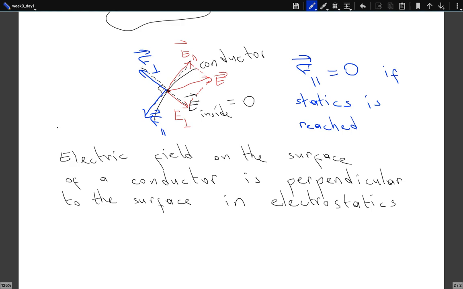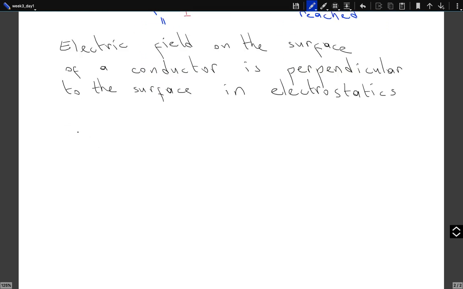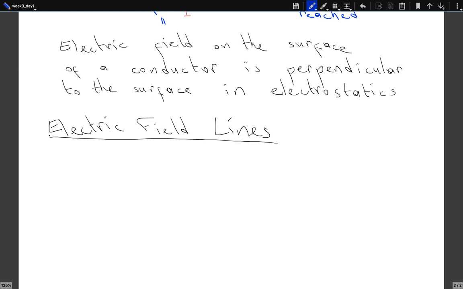Now we will come back to this problem of electric fields and conductors later on also. So let's just go forward with electric field lines. In a sense, we had already defined it, but we just passed it very quickly. So I just would like to review what we call the electric field lines, how we define them.